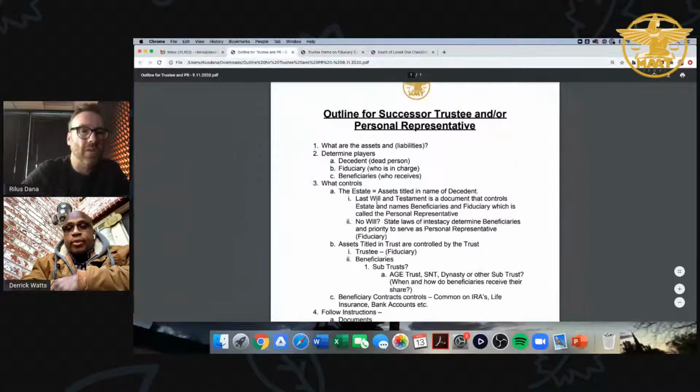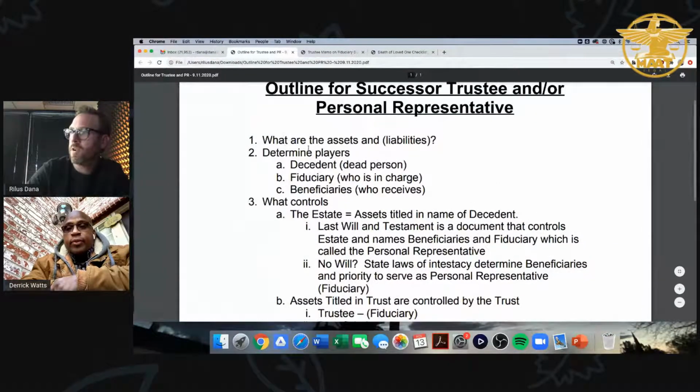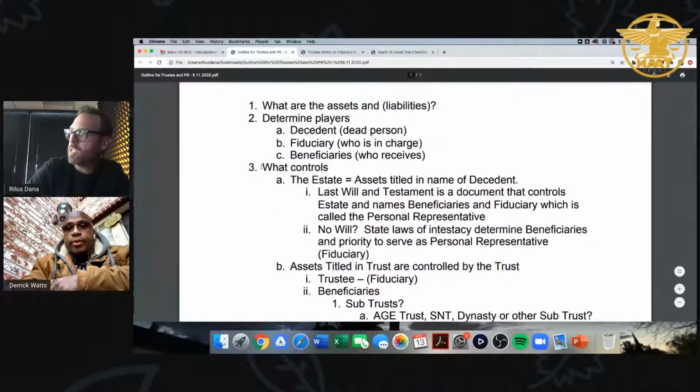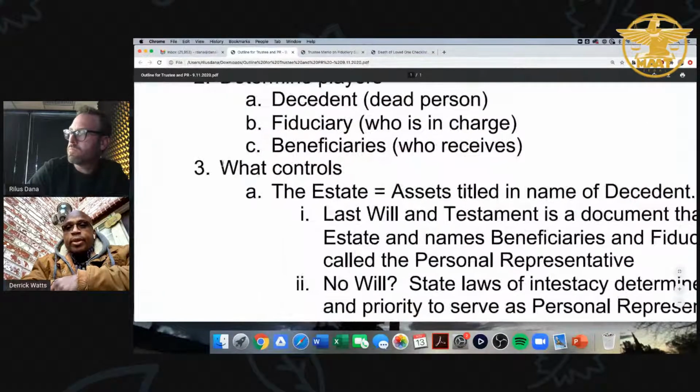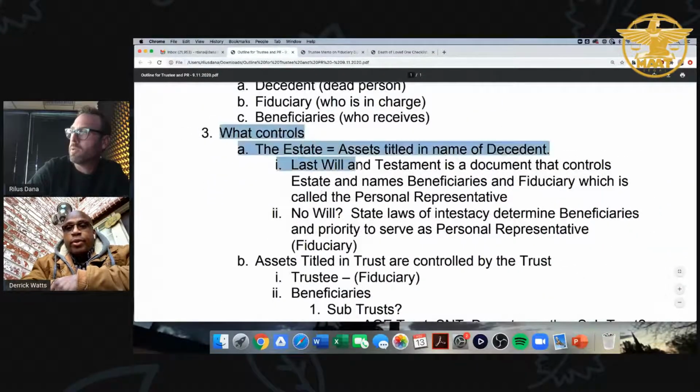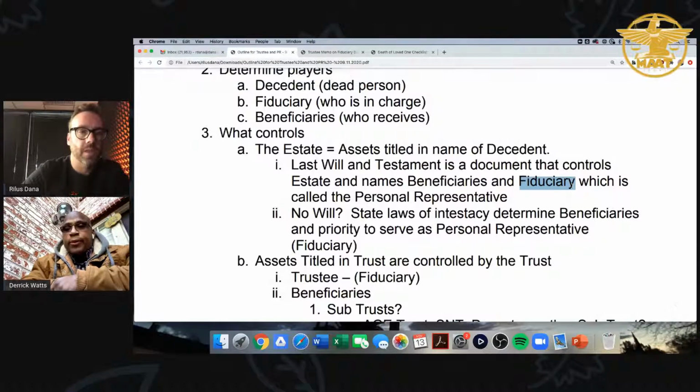So this outline is where you can start figuring out what to do, figuring out the players and what controls. For this deal, you've got to figure out what's controlling, and then figure out who the fiduciary is, because they're the one who's going to be able to sign the contract.